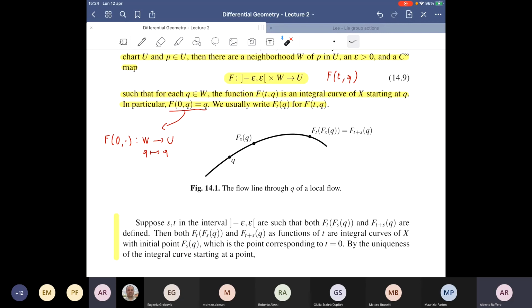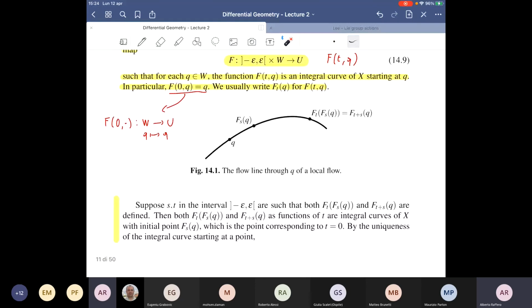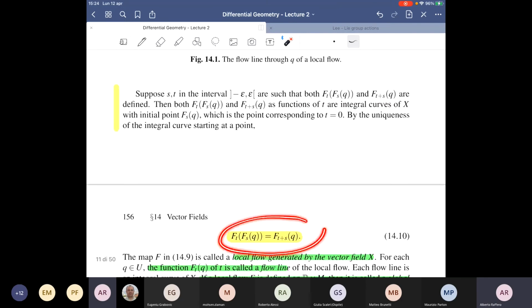So if you differentiate with respect to the time, you will get the same ODE as before. And so this tells you by the uniqueness of the solution that these two have to coincide on their common domain. So whenever they are both defined, they have to coincide. And this tells you that in general, we have such an identity whenever both sides of this identity are defined.